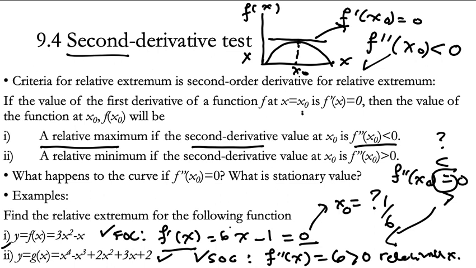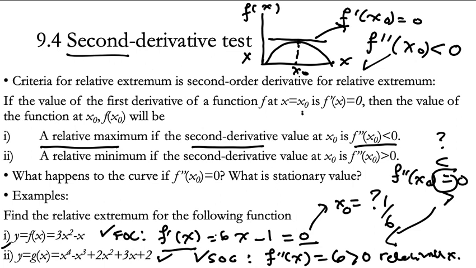The second derivative test can help us determine whether we have a maximum or minimum point, or neither of them. f prime x naught is just a necessary condition for the second derivative test. In order to do the second derivative test, you must get the first order condition done first.